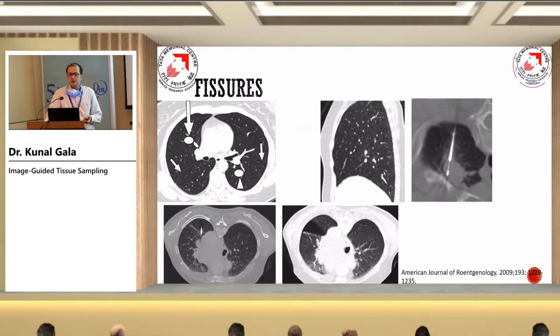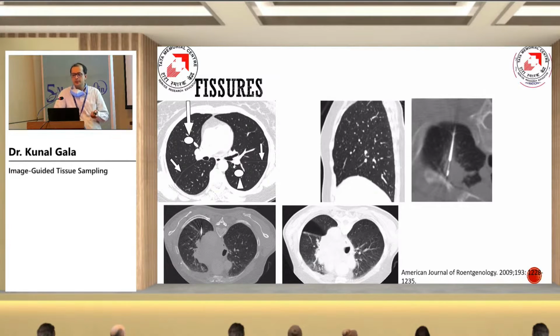Another is the fissures. Always beware about the fissures. There are two fissures on the right side and one fissure on the left side, and these need to be avoided as far as possible. But many times we can't avoid it. If we penetrate the fissure, then we will be piercing at least four pleurae: the parietal and visceral of the outer surface and the parietal and visceral of the inner surface.